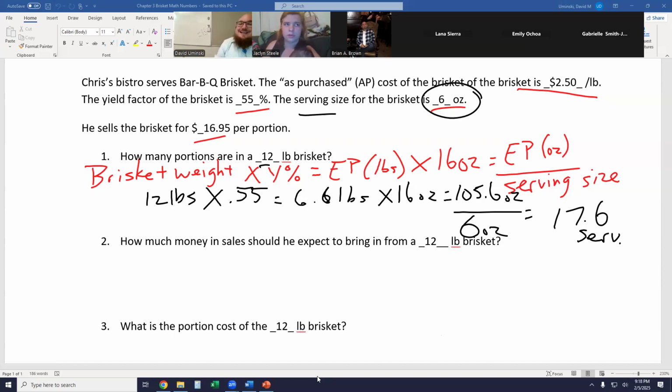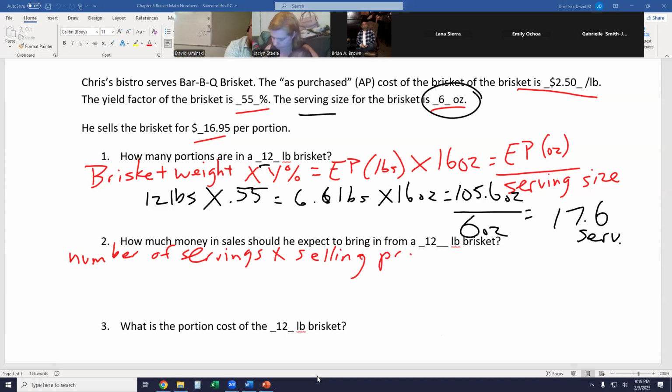How much money in sales should he expect to bring in? So now, again, we're going to go with just the formula. Super easy. Let me write it out. Number of servings times the selling price.